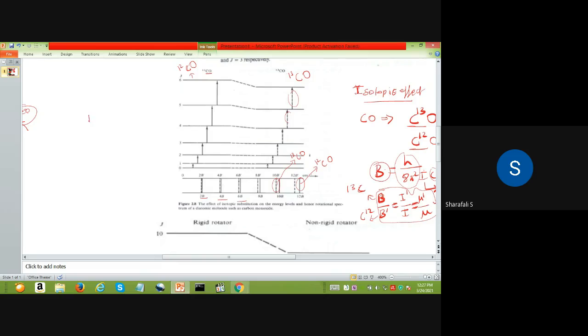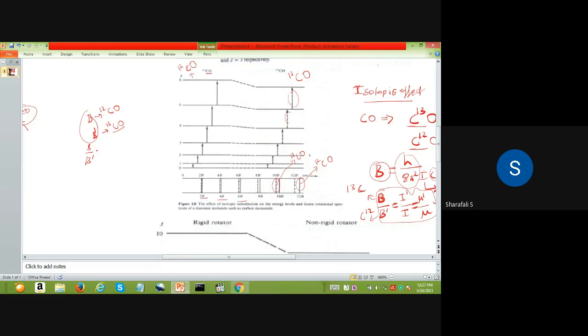So that change in the B value, you can calculate what that change is. Initially, for example, you calculate B for C12 oxygen, then we have B dash for C13 oxygen, that is carbon monoxide with carbon 13. Then there is some difference in this B value, and you take the ratio of those B values.